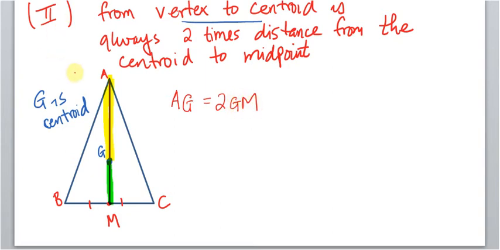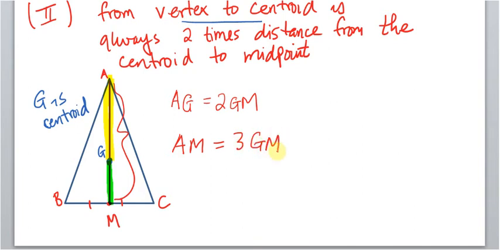Another way we could put this is to say that AM, the entire length here, is 3 times the size of GM.